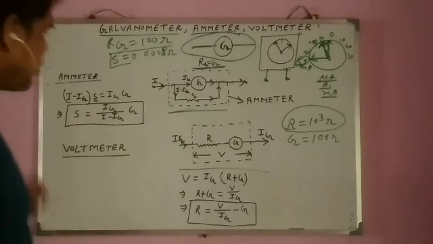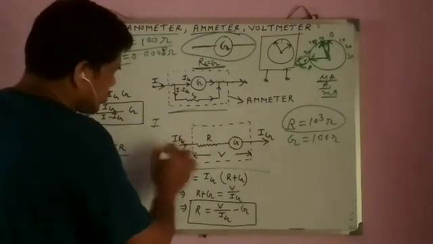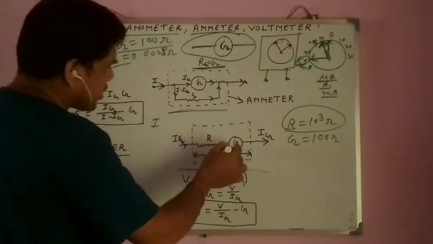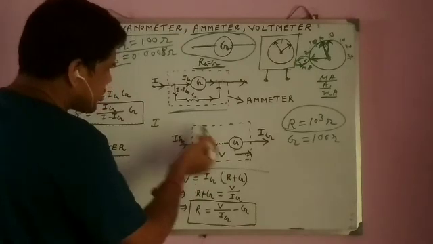Now if current I is passing through this voltmeter, then the current passing through the galvanometer and through this series resistance is the same.